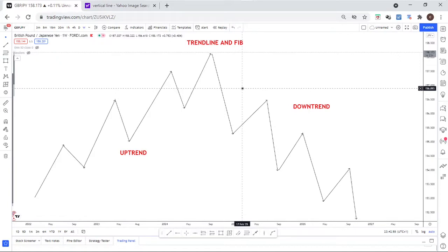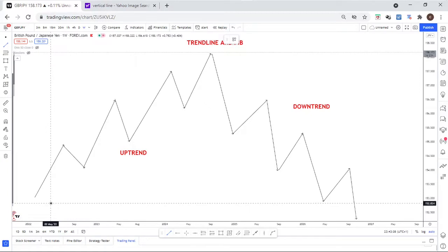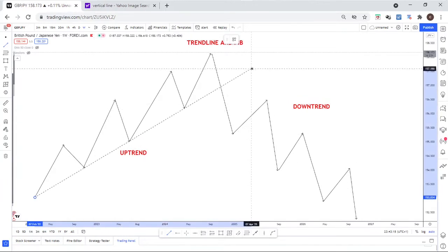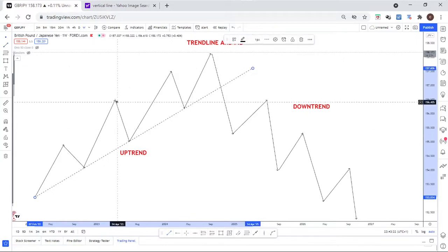Now, in applying your trend line to your chart, for an uptrend that is making higher highs and higher lows, all you need to do is connect the first two outer points, and allow the market to play out. The market can either come close and bounce off, or do a perfect retest on your trend line and bounce off, but either way you do not take off your trend line.